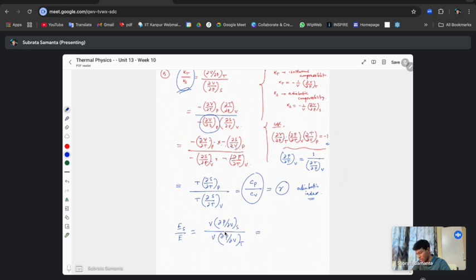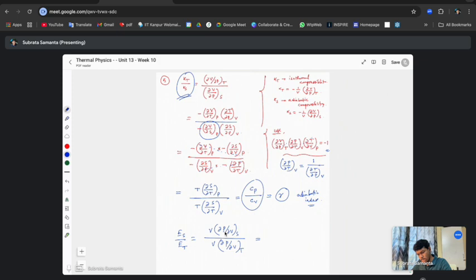Sorry, this is basically ES over ET, so ES over ET is basically gamma.